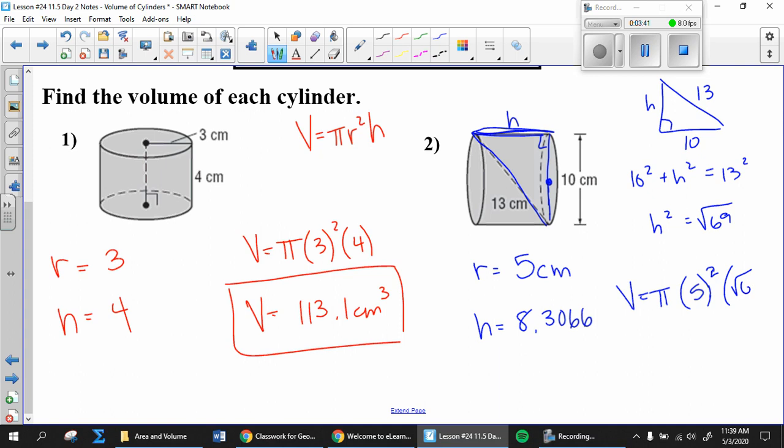Type all that into our calculator: 25 times the square root of 69 times pi. And so we're going to get 652.4 centimeters cubed.